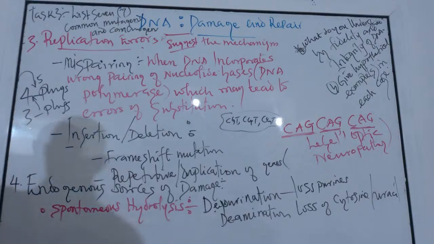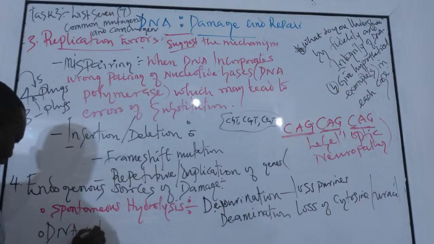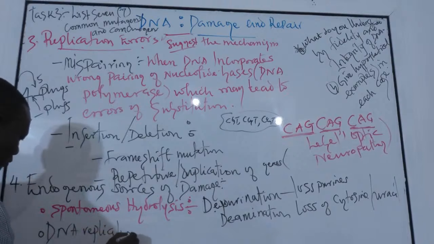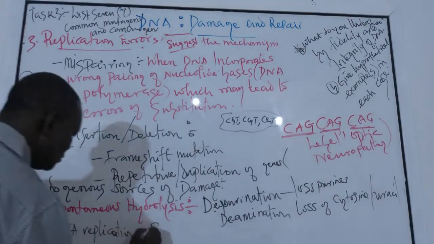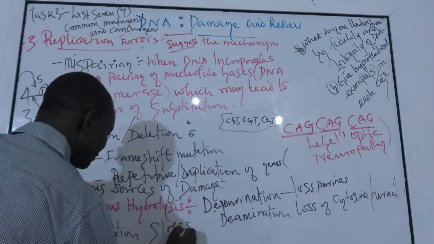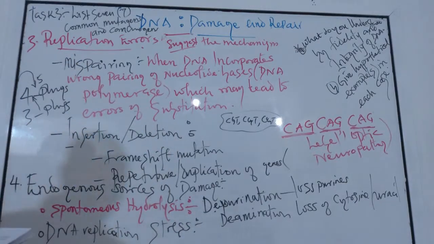Then the second and last thing that can also happen is DNA replication stress, the endogenous replication stress. Just like you can overwork yourself, DNA replication can also overwork itself.